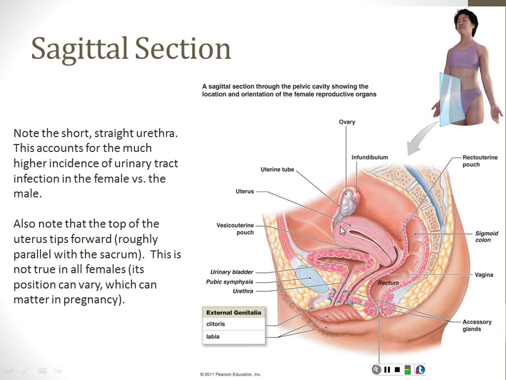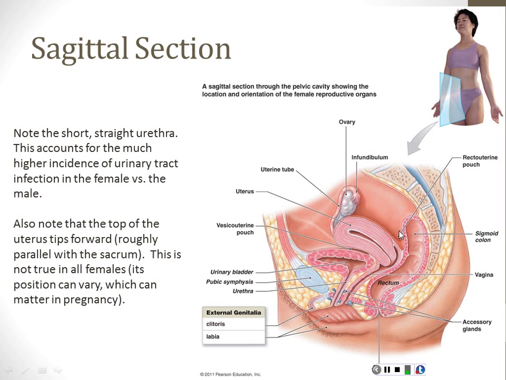Now, uterine position varies. It's one of those variables in human anatomy. This is considered the normal, but that doesn't mean that's everyone. It's only about, I think, 70 to 80% of women who have a uterus that tips forward like this. Other versions of location are a uterus that goes straight up and down, okay?